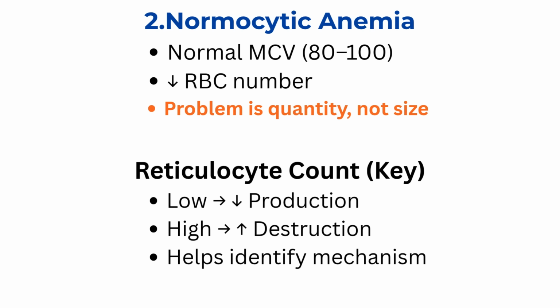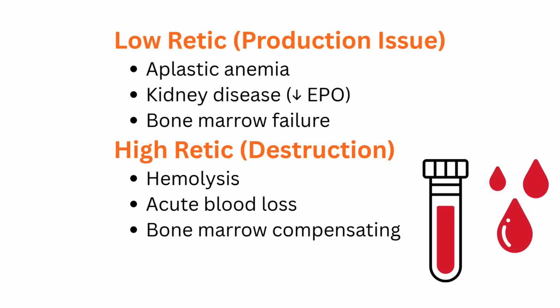The key step here is checking reticulocyte count to see if the problem is production or destruction. Reticulocyte count, key: 1. Low means decreased production. 2. High means destruction. 3. Helps identify mechanism. Low reticulocytes suggest a production problem, such as aplastic anemia or kidney disease.